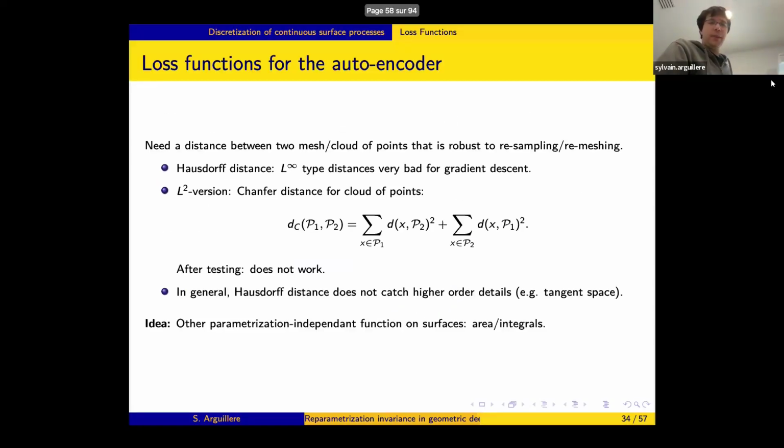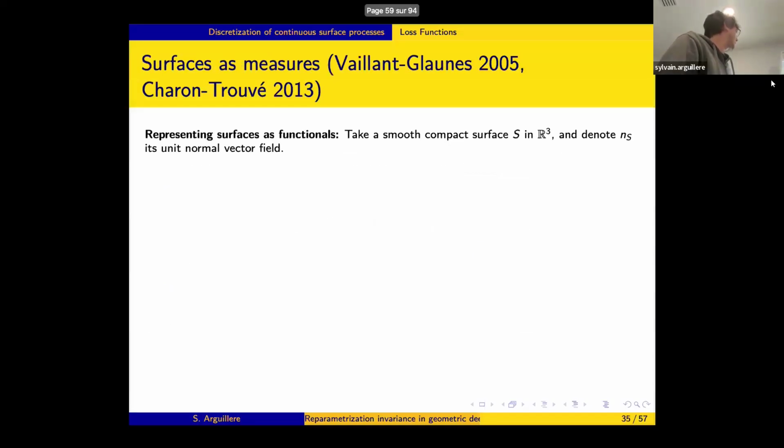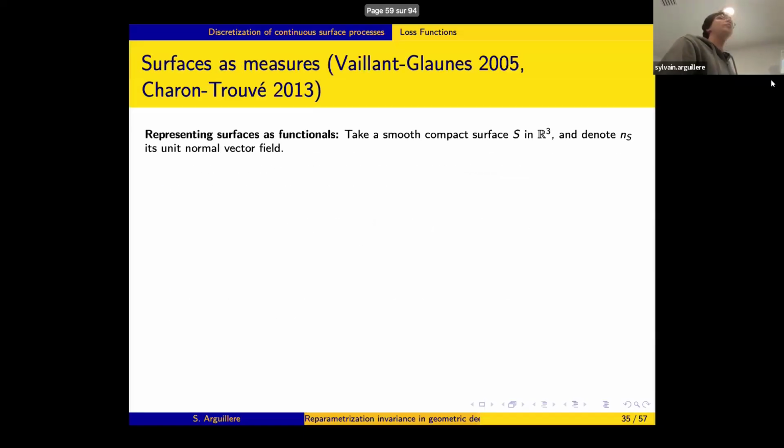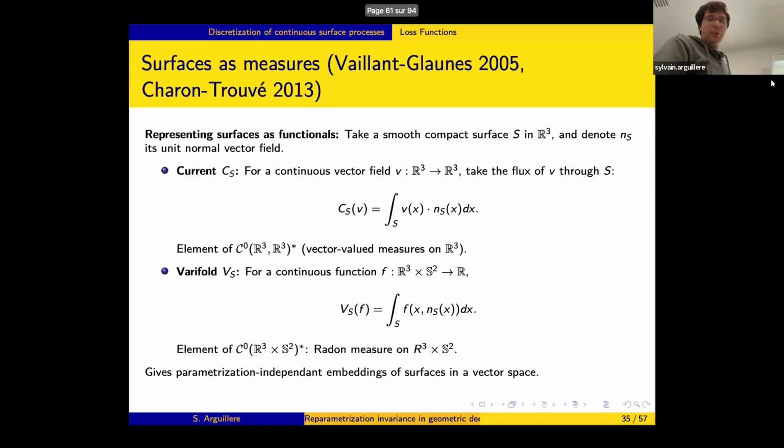Basically, varifolds and currents say that one way to be independent of a remeshing is to understand surfaces as measures, and then you integrate things onto those measures.